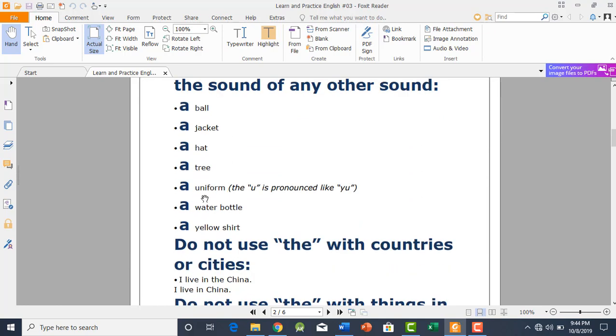A very good example is uniform, which basically starts with a vowel. If we go with the statement that all those words whose starting letter is a vowel must use an, that statement is wrong.